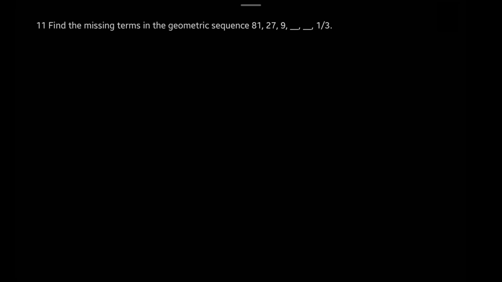Find the missing terms in the geometric sequence of 81, 27, 9, blank, and 1 over 3. As you can see here, we are decreasing in value. Unlike the other ones where we increased, in this sequence we actually reduce numbers.